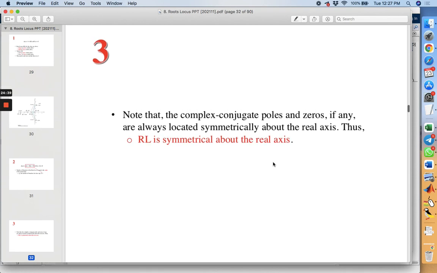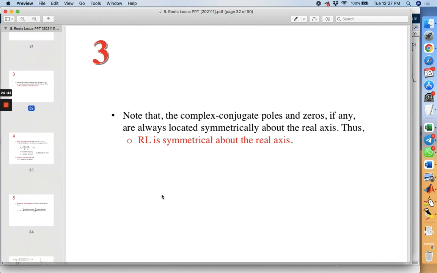So, in the next example, we can see the poles or zeros that are complex numbers, which means that they are located on the S-plane where we have both real and imaginary components. So the root locus is symmetrical about the real axis.